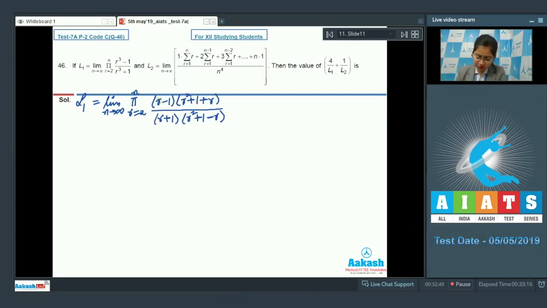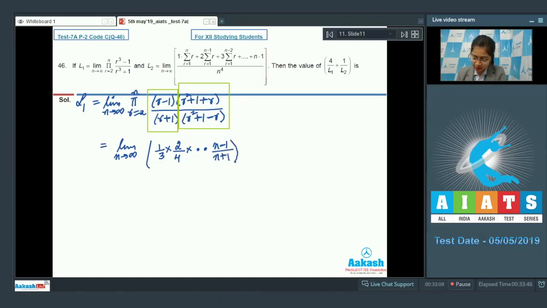Now we will take two series here, that is this one and this one. We will take them separately, so that will be equal to limit n tending to infinity; when r is 2, it will be 1 upon 3, multiplied with, when r is 3, it will be 2 upon 4, and so on up till when r is n, that is n minus 1 upon n plus 1.